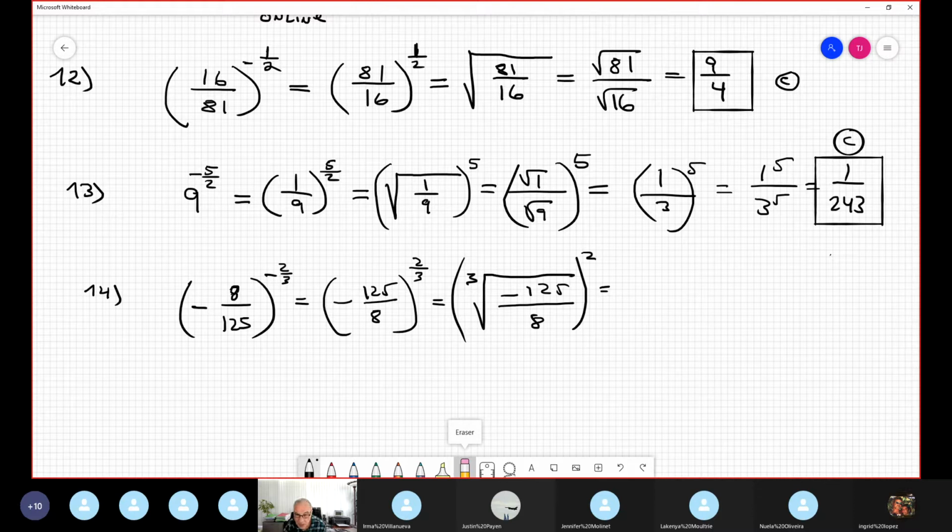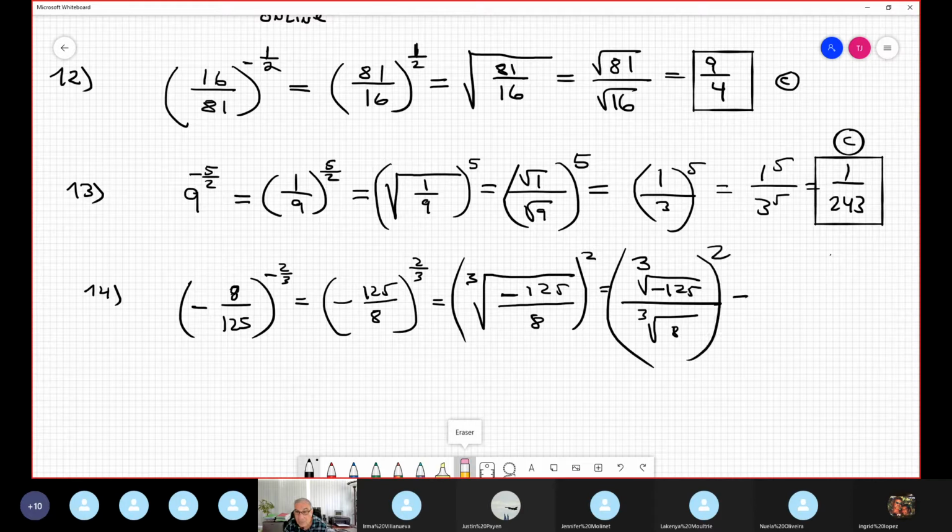Entonces we have the cubic root of negative 125. I assume the negative is associated with the 125, but it doesn't matter if you assume it with the 8, but at least one negative, and the cubic root of 8, and everything raised to the second power.